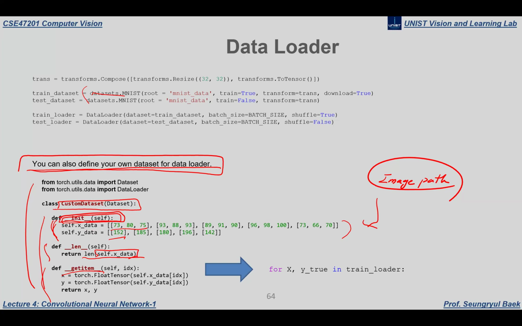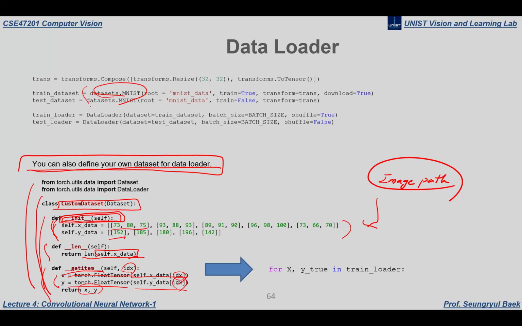So if you input an index, then you will get one sample for this index from the array, and you will typecast it to a PyTorch tensor, and then return that X and Y here, okay? So this dataset defines how your X and Y data for one sample is returned.